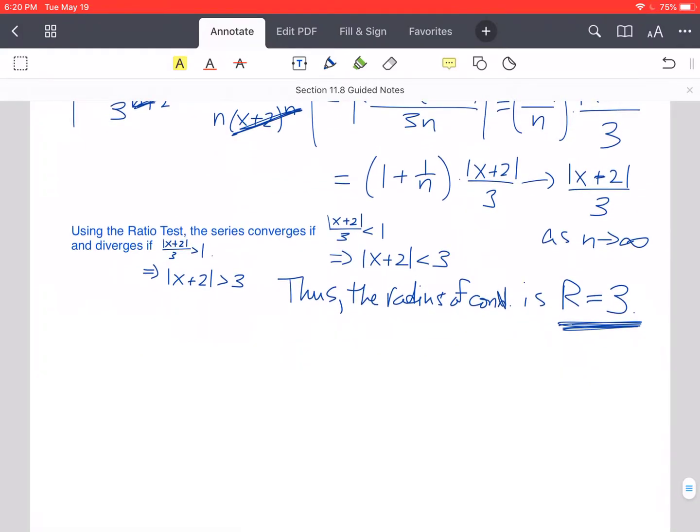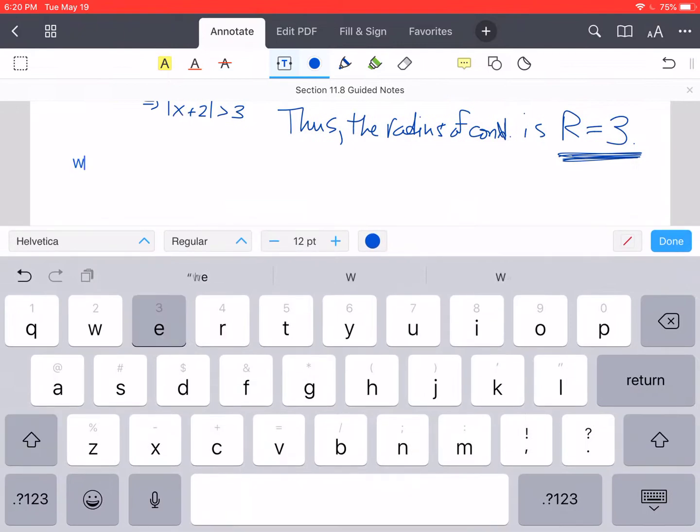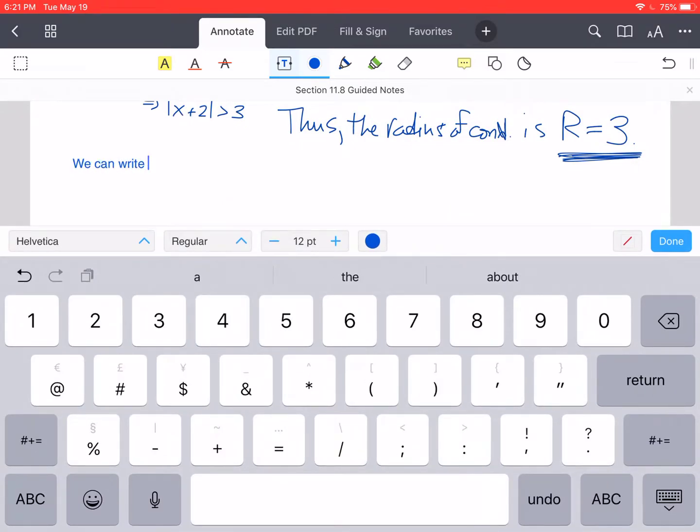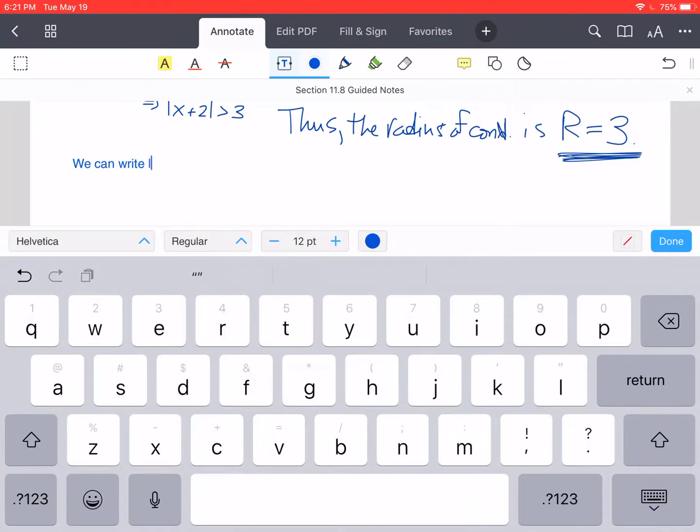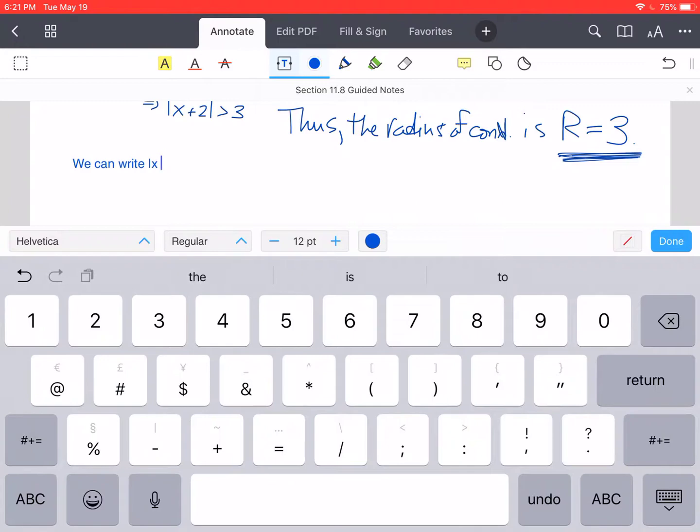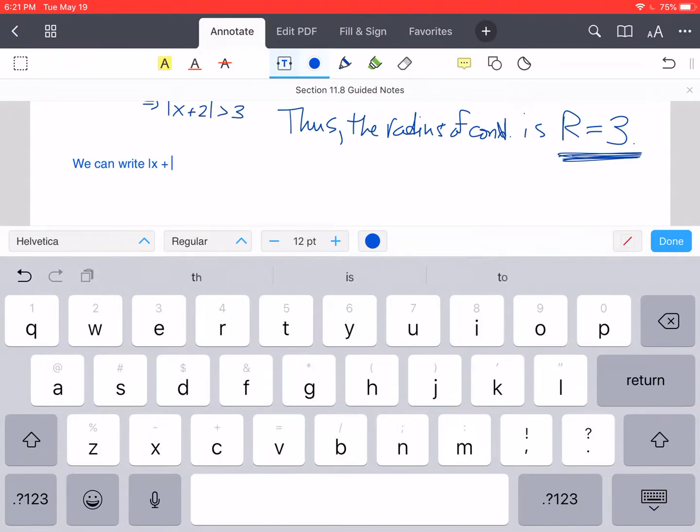All right, so now we need to find those endpoints. So we can write the absolute value of x plus 2.